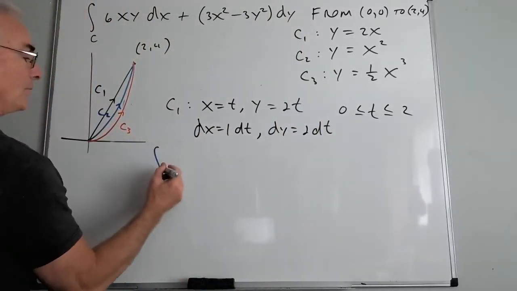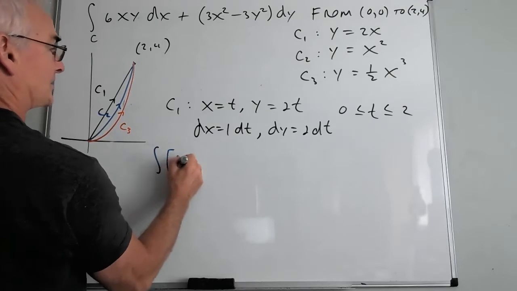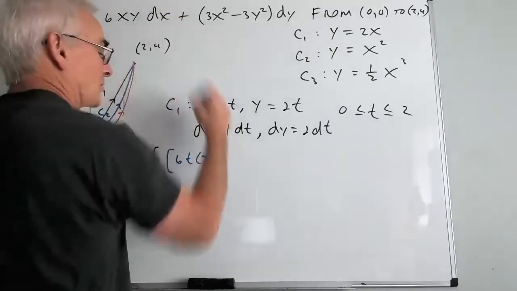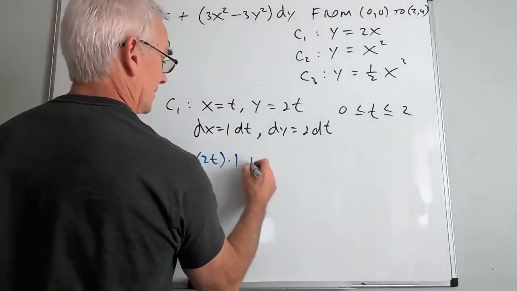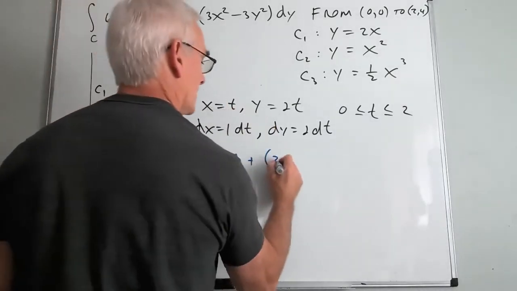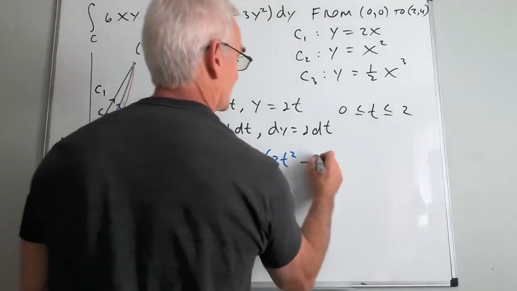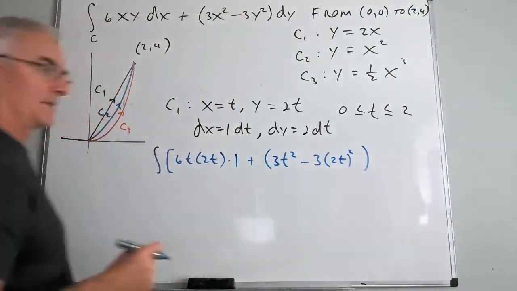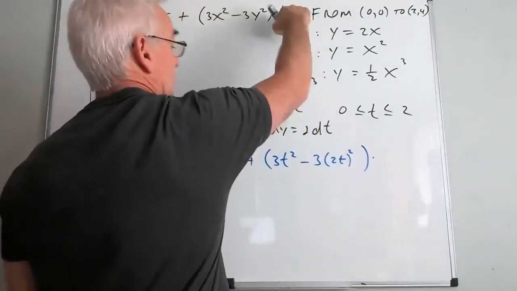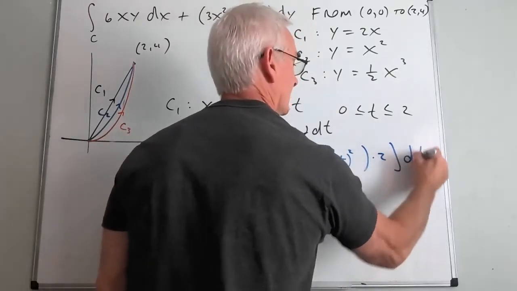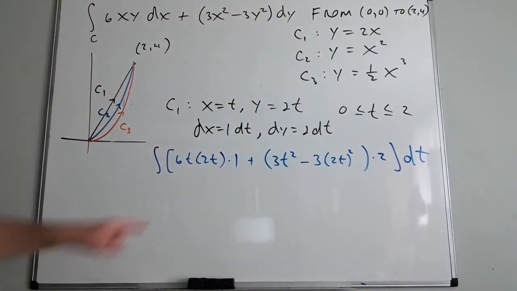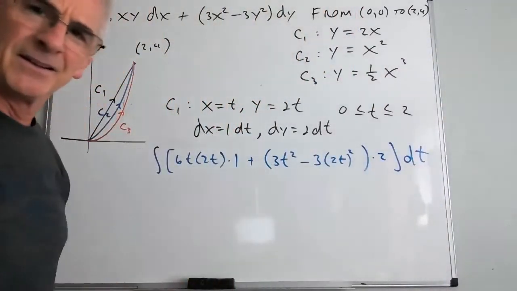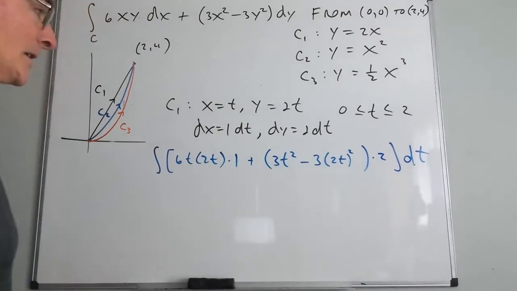So my integral now is going to be 6t times 2t times dx, which is 1 dt, plus 3t squared minus 3 times (2t) squared, times 2 dt. So you notice how I put the dt on the outside. Yes, you could write dt and then rewrite it again with the dt, but I'm too lazy to do that. And you don't integrate with 2 dt's in there. You only integrate with 1.